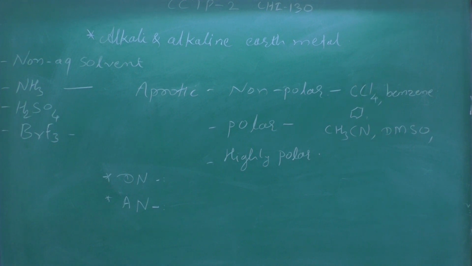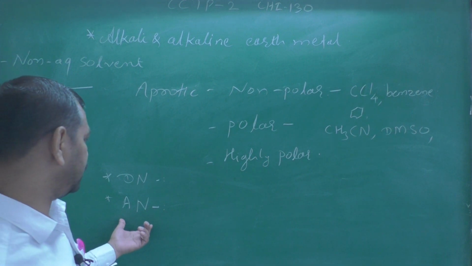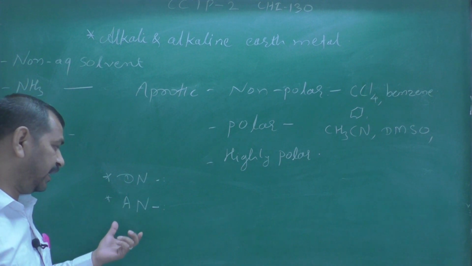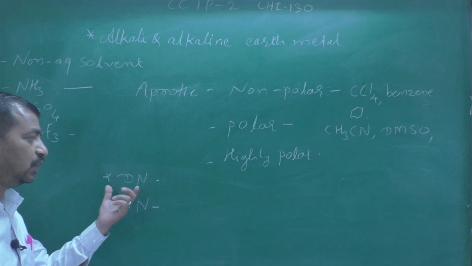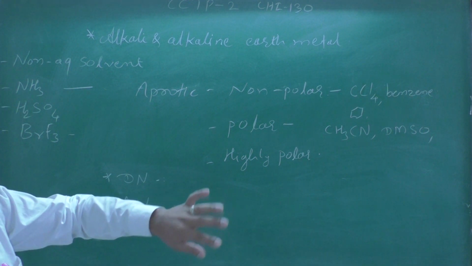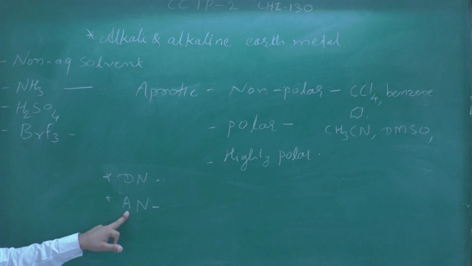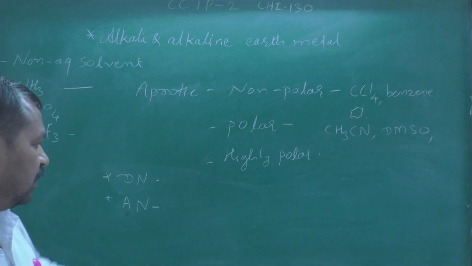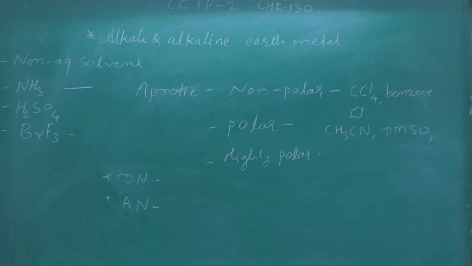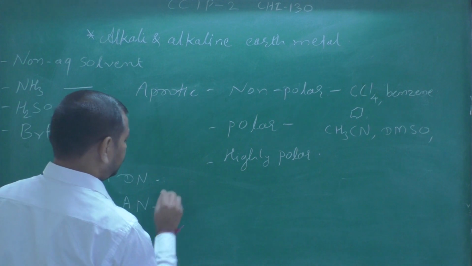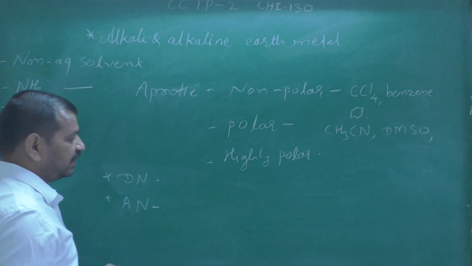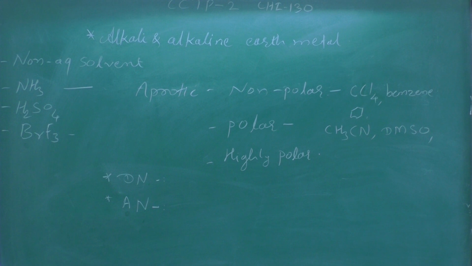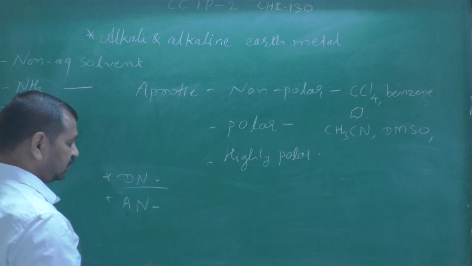This coordination depends on the donor number and acceptor number: the donor number of the solvent and the acceptor number of the solvent. The donor number is a measure of the basicity or donor ability of the solvent.